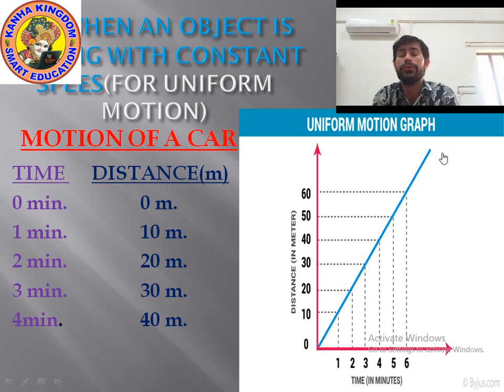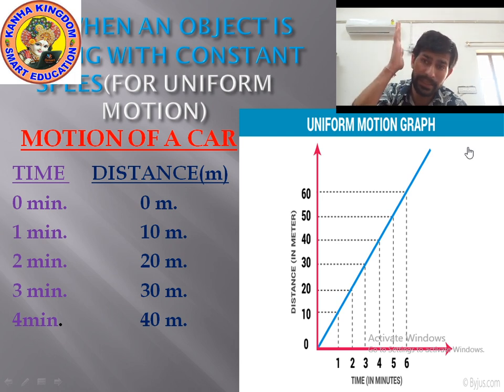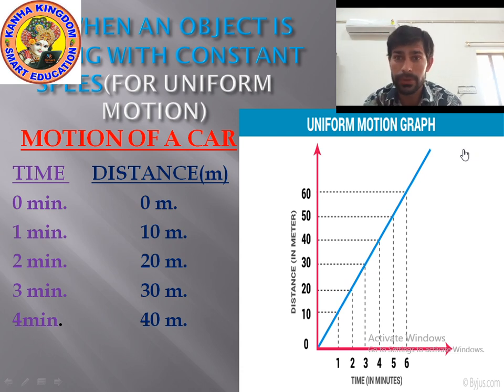Then draw the graph, please try to draw it in your notebook. If you draw the graph, you will see that it is only a straight line graph, which means the line goes straight without changing its direction. So the graph for uniform motion will always be a straight line graph.